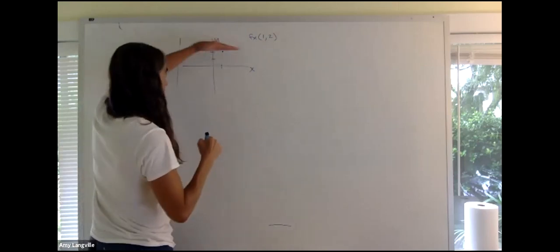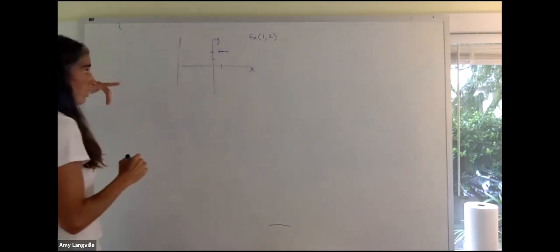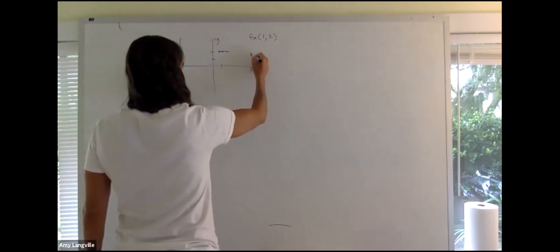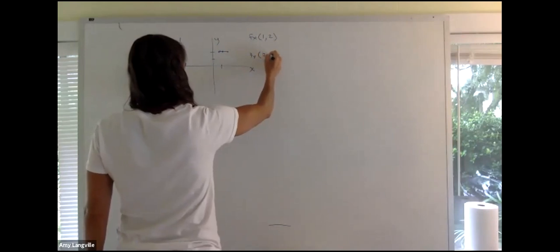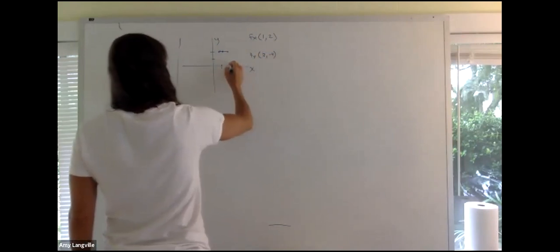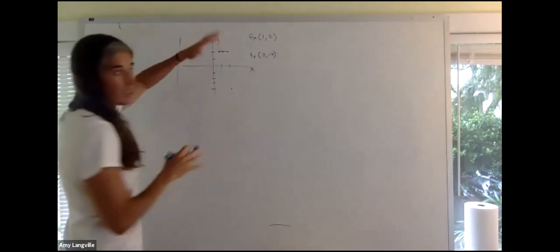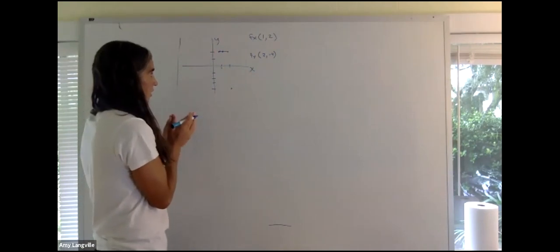I'm restricted in the y direction, so I can only make movements in the x direction. On the other hand, if I do a partial with respect to y, let's say at another point, just to make more space on the graph, let's say at the point (2, -4), at this point, and again, there's some surface that lives over top of this, but we're just focusing on what's happening in the xy plane.